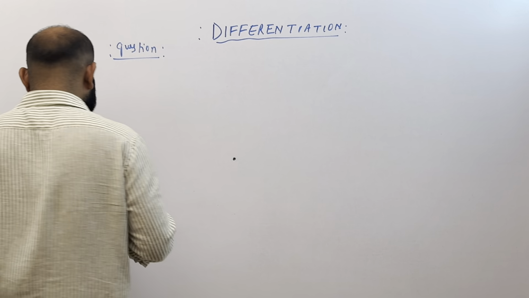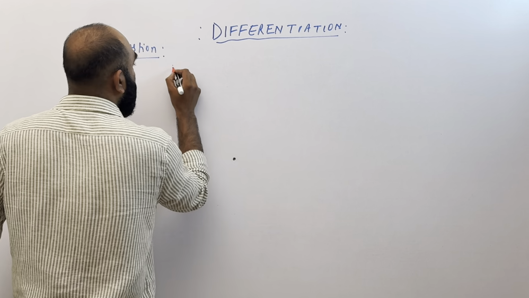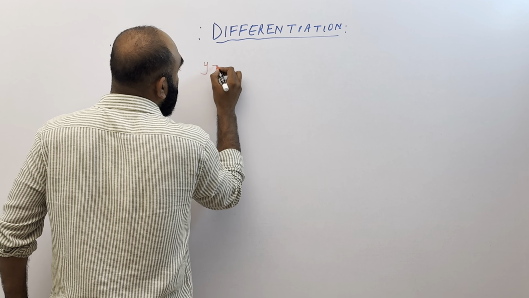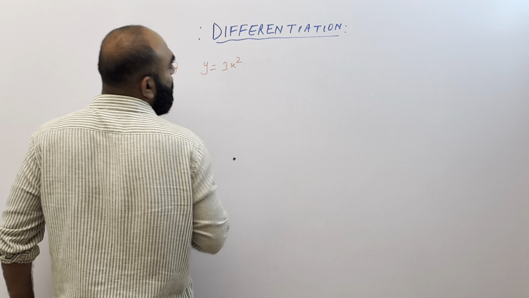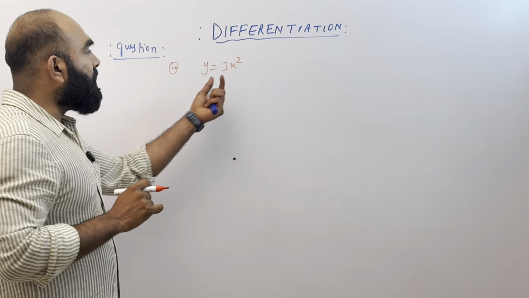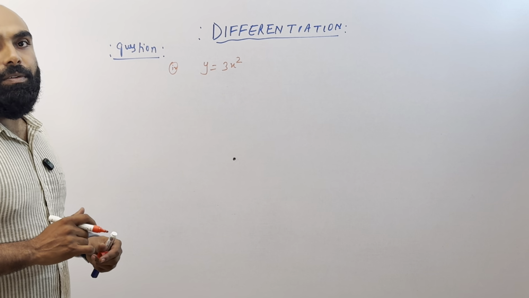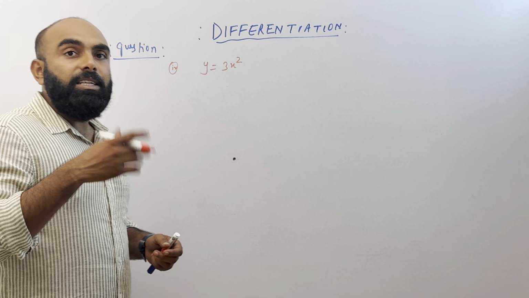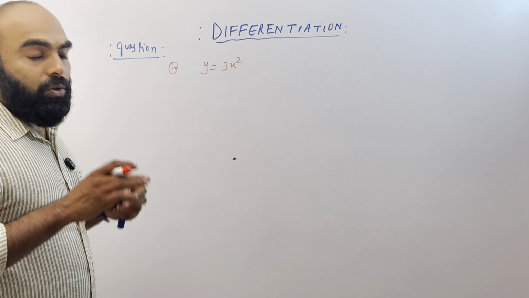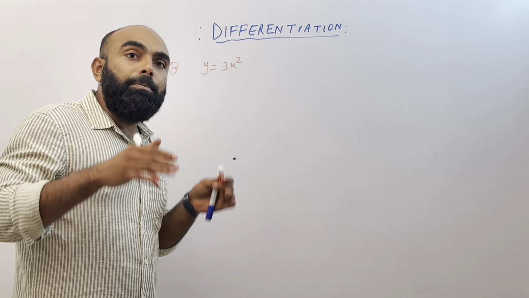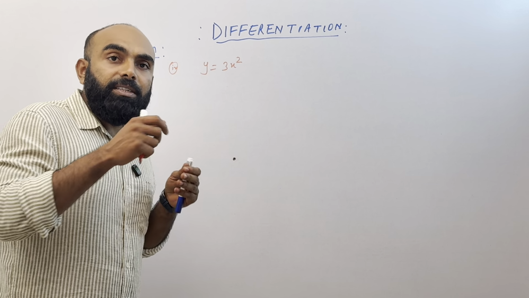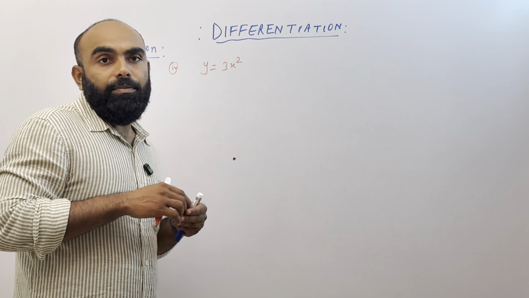Next question. Fourth one. y is equal to 3x square. Now here a constant is multiplied with the variable, the given function x square. If the constant is multiplied with the variable, take the constant outside and then differentiate the function.